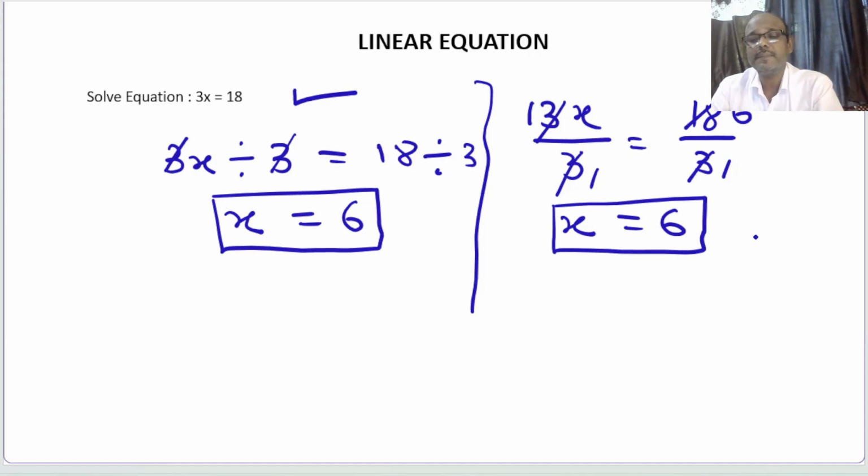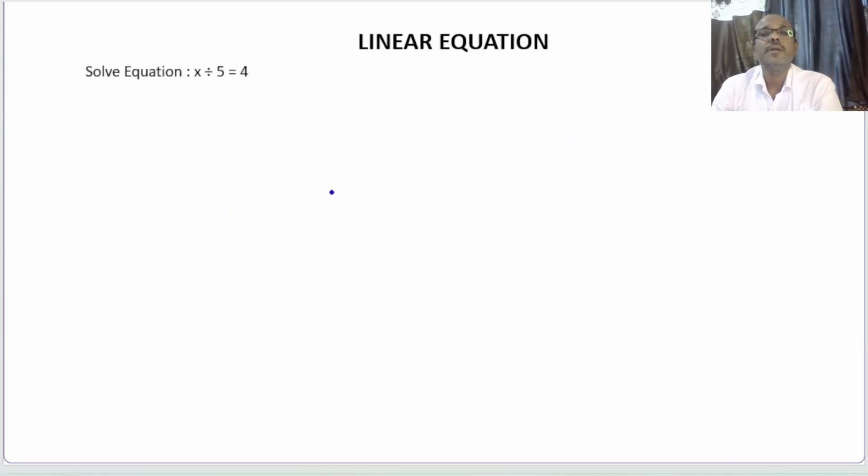Another example we are going to take, solve the equation x divided by 5 equals 4. So here division is there. So what will we do here? We will do multiplication. So x divided by 5 multiplied by 5. This is on the left hand side we multiplied.